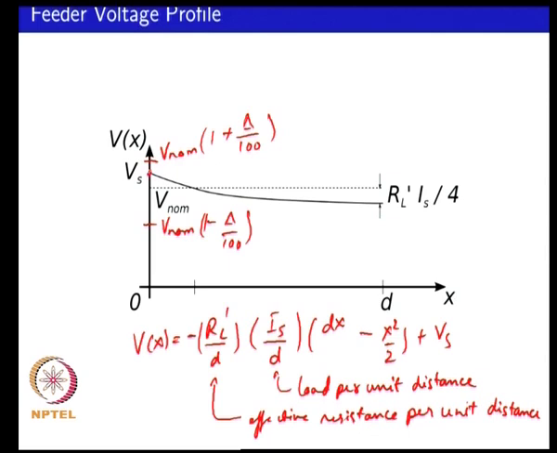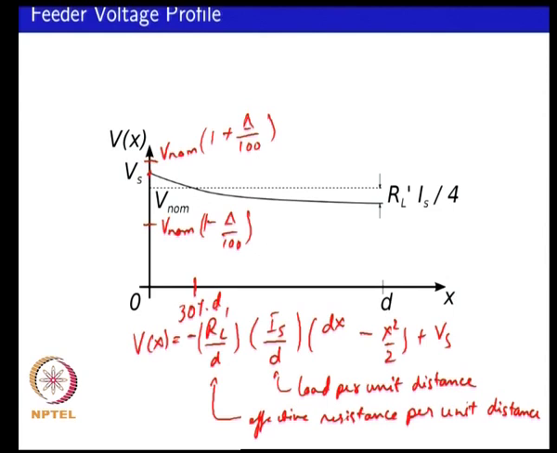You want the voltage which is some distance away to be the nominal, so that your overall feeder voltage requirement is satisfied. So, typically if you look at trying to fit a parabola along the nominal, you will find that roughly about 30% of the distance, if you keep that particular voltage to be the nominal, then you would fit this requirement of being able to keep your overall voltage within the value of V norm plus or minus delta percent range.